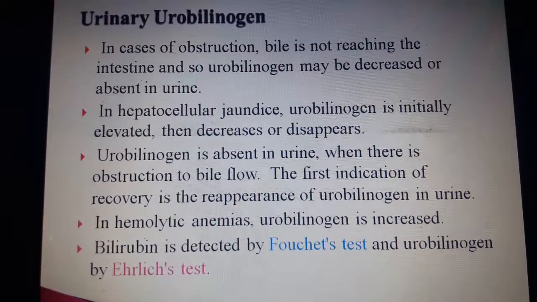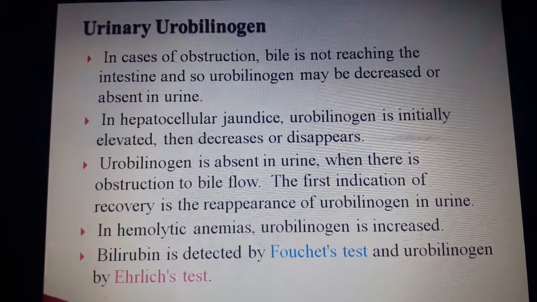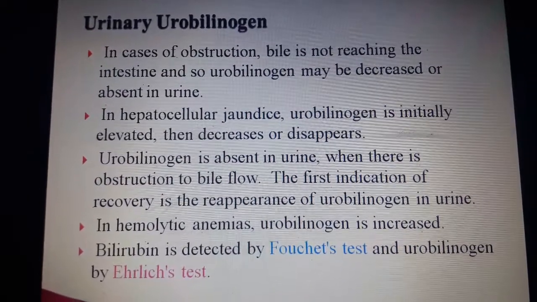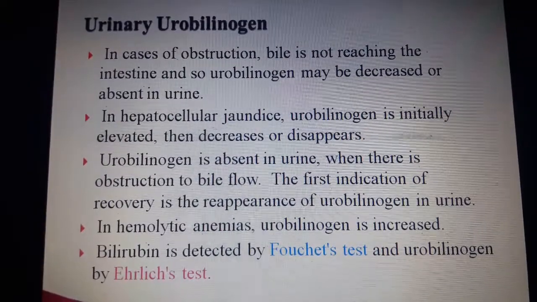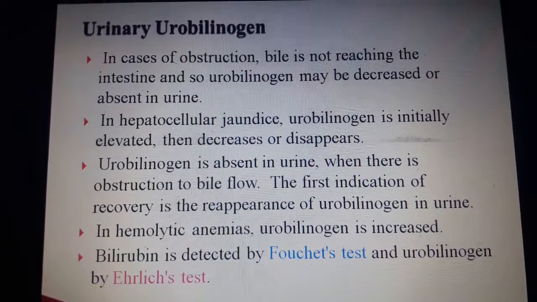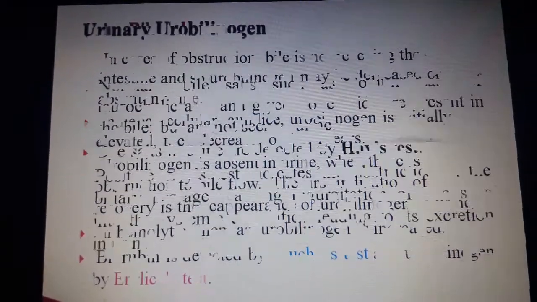Urobilinogen is absent in urine when there is obstruction to bile flow. The first indication of recovery is the reappearance of urobilinogen in urine. In hemolytic anemia, urobilinogen is increased. Bilirubin is detected by Fouchet's test, and urobilinogen is detected by Ehrlich's test.